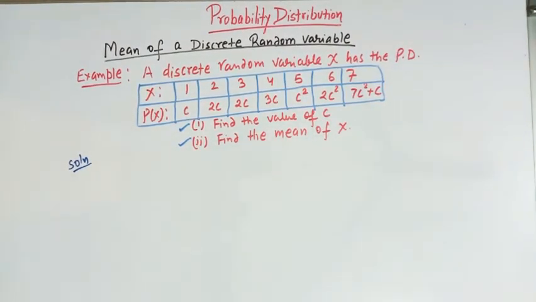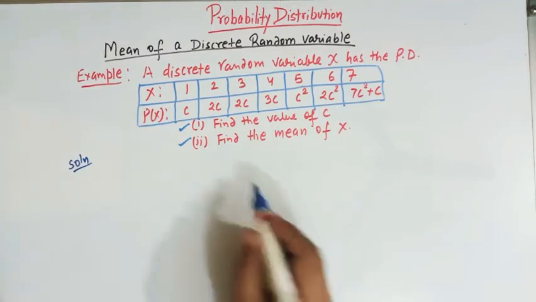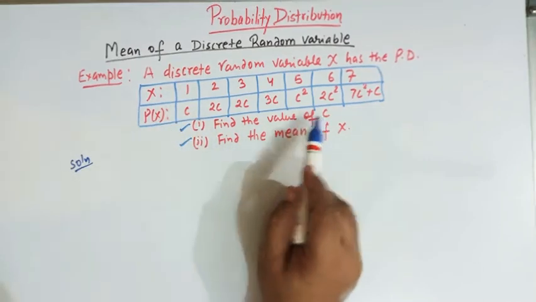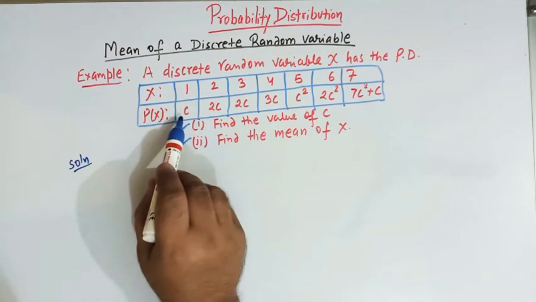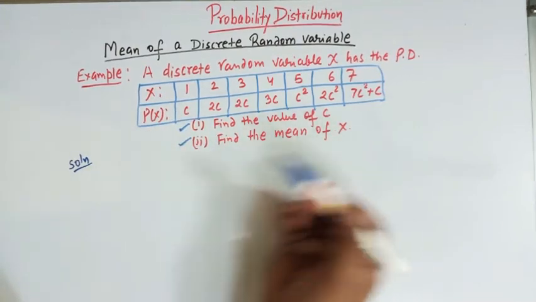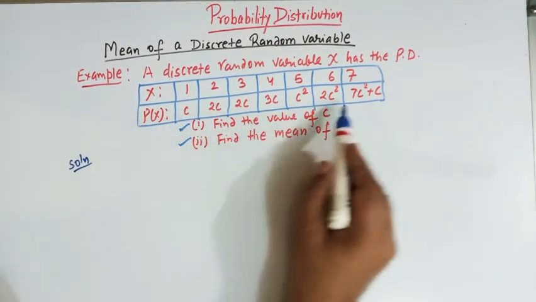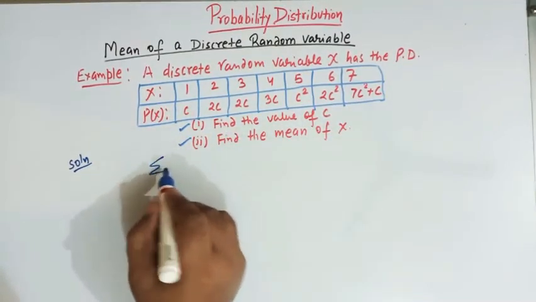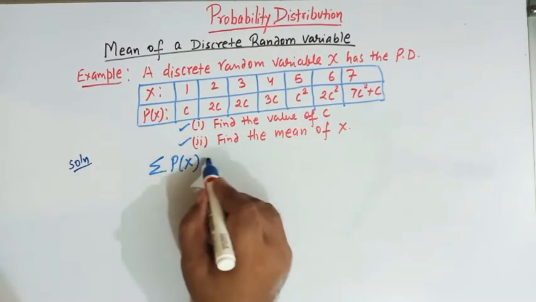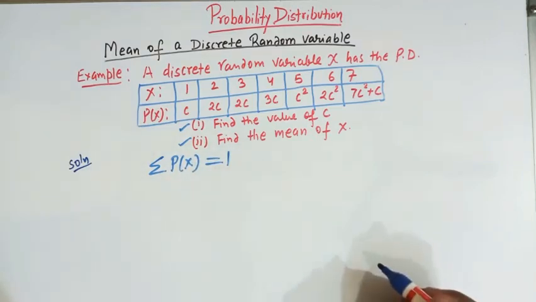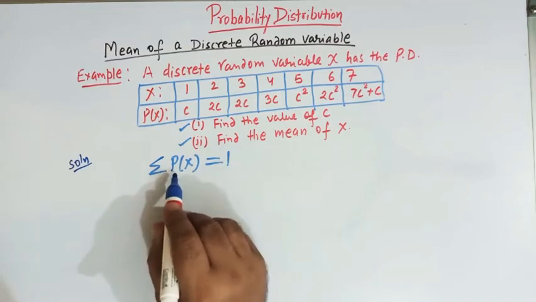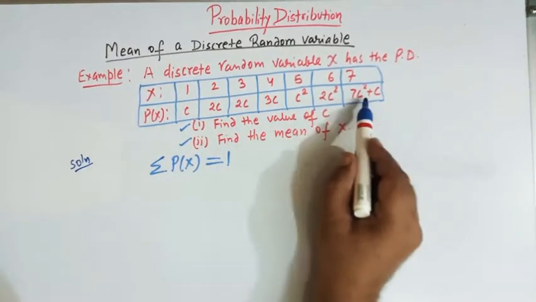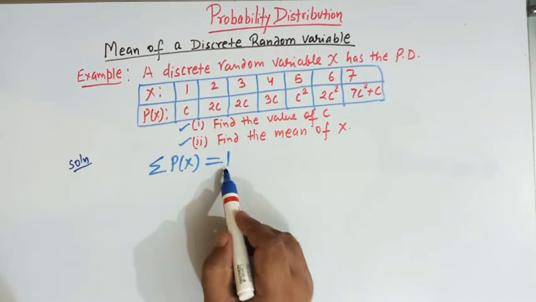Okay, so let us do this problem, and here this constant, or this value c, is a positive quantity, and we know that the sum of all the probabilities should be equal to 1, right? So here we will make use of this result, that is, the sum of all the probabilities should be equal to 1. Clear?